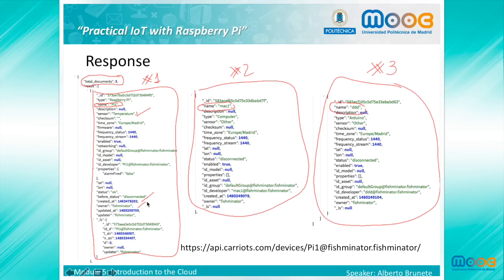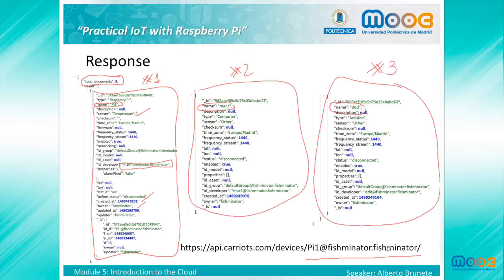Then we can ask also for this specific device here. We get the ID of this device. So if we include this in the URL, we get specific information about this device.